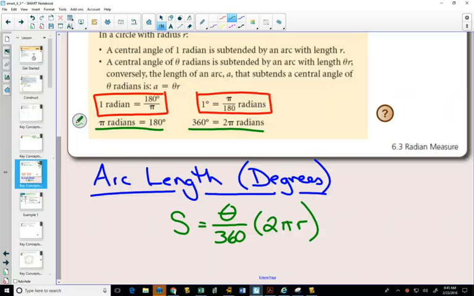So we left our formula like this from 6.2 because it really makes sense. This is just a portion of, or a percentage of, the whole circumference. And theta out of 360 is your percentage, and then there you have your whole circumference.